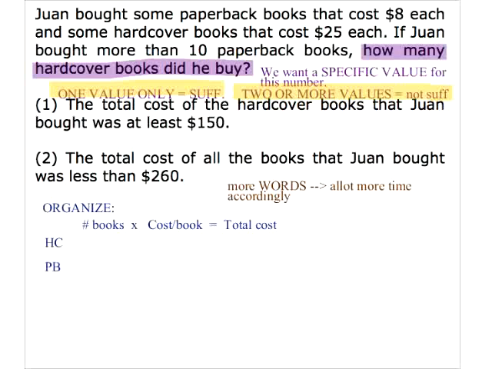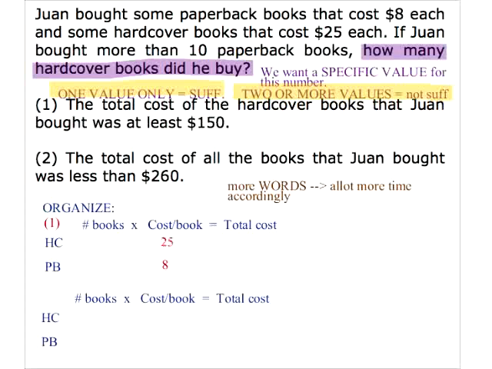And then remember, we should make the chart twice because there are two statements. So let's make the chart twice, not right on top of each other. And let's organize. So in statement 1, we know that these are $25 and $8.